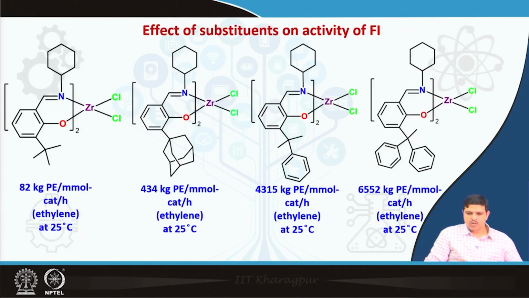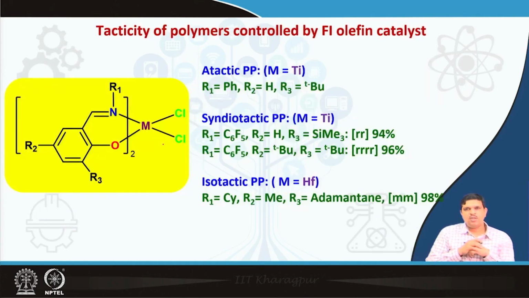Here also you see that different types of catalysts have been developed, and you see how different substituents vary the activity. So this is just for information, to see the effects of the substituents and how we can tune the electronic property and also tune the reactivity. These are really very interesting, and not only that, you can also control the tacticity to some extent by changing this R group.